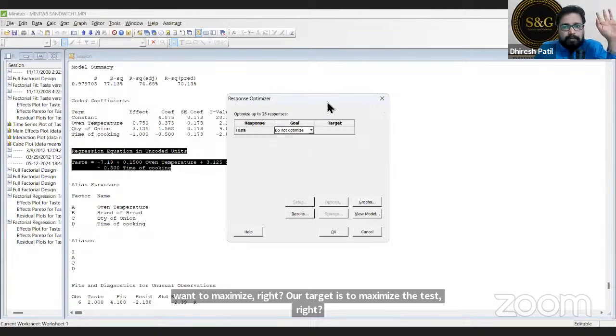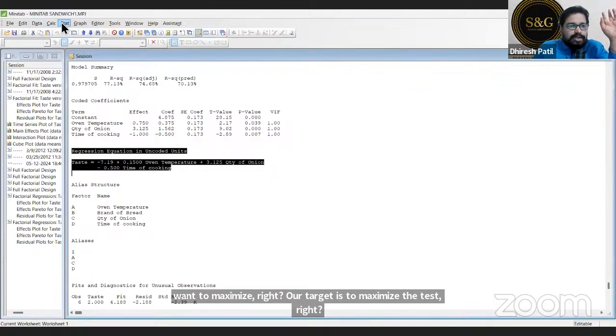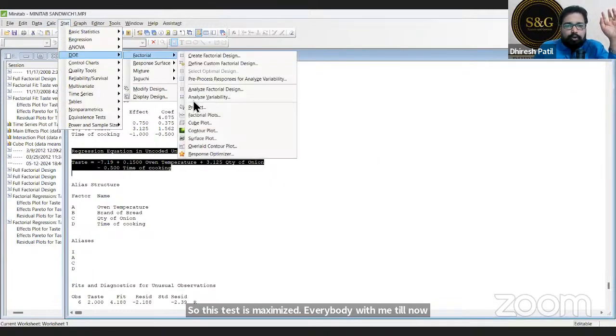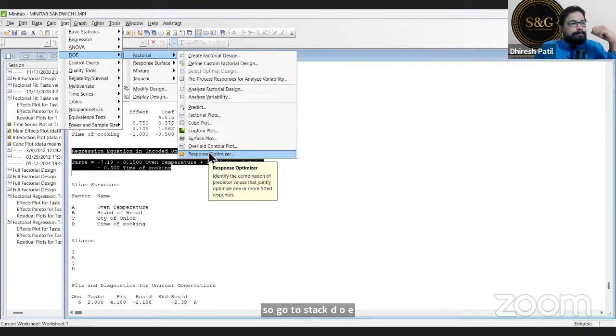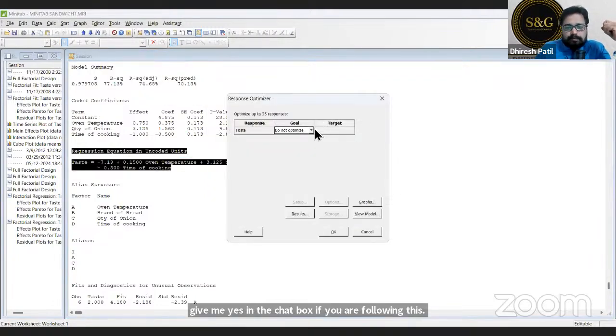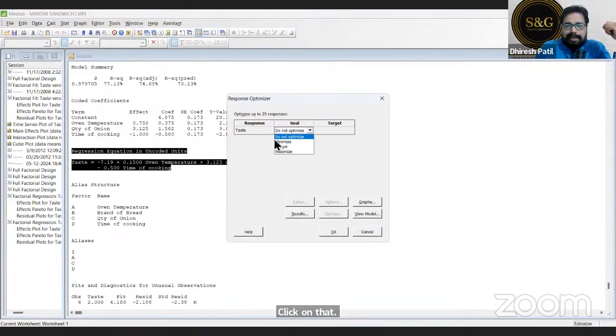Everybody with me till now? So go to Stat, DOE, Factorial, Response Optimizer. Just give me yes in the chat box if you are following this. Click on that. And test will come, we have to maximize the test, and say okay.